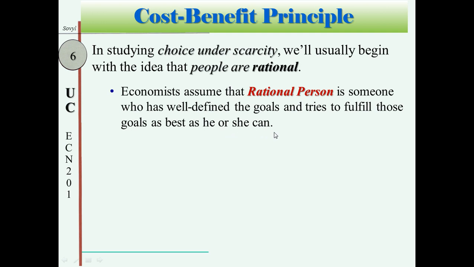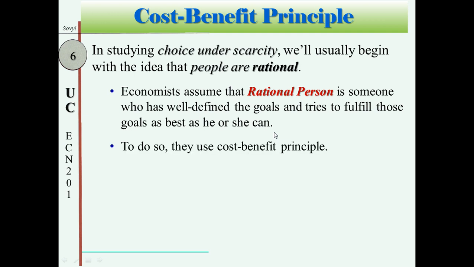Rational people set the goal, the point that they want to go to, and then they try any choice, any method, any strategy in order to reach that goal or that point. This is called a rational person or rational people.